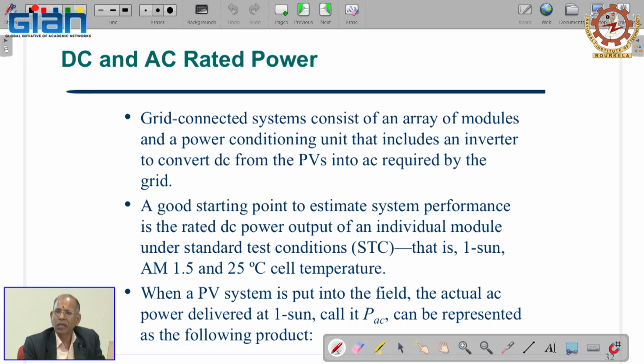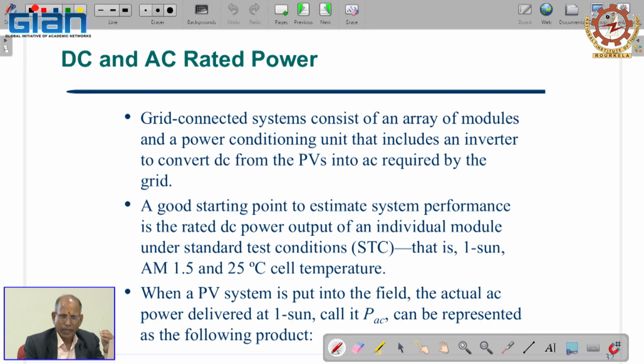Some standard terms are there. In this technical term, if you say 1 sun, it means 1 kilowatt per meter square. AM is the air mass ratio; unless specified, the standard term is 1.5. Nominal temperature is 25 degrees.